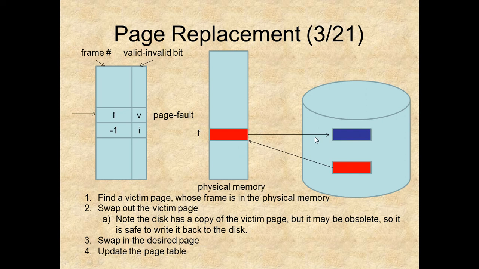One action is flushing the changes in the victim to the disk, and another action is loading the missing page. So, two actions. The last step is to restart the process. Once everything's done, the victim is taken care of and the missing page is loaded, so the requesting process can be restarted.